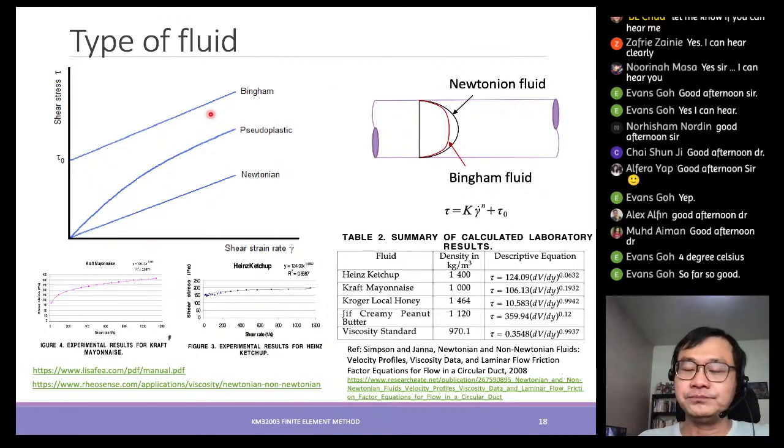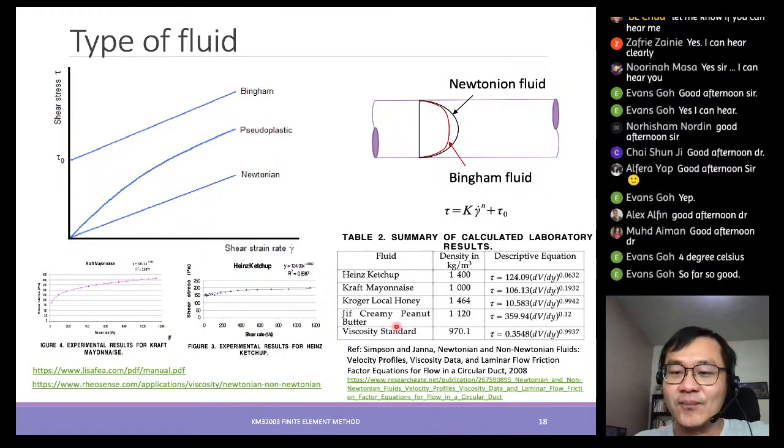So what is Newtonian? Newtonian fluid is the one that will give you this curve shape, the semicircle type of shape. Whereas for the Bingham fluid, if you move like this, then the middle part is almost flat. That is Bingham. The pseudoplastic is the one that is in between.